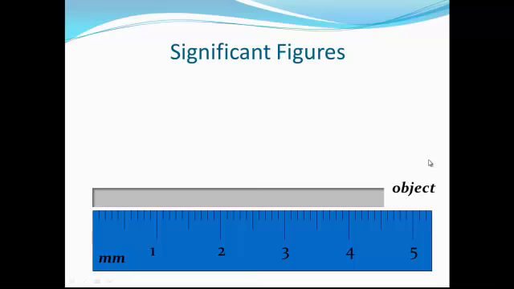For another example, as you can see here, it's the same ruler and same unit, with the silver rectangle representing another object. However, now the difference is you have smaller markings between each of those millimeters.